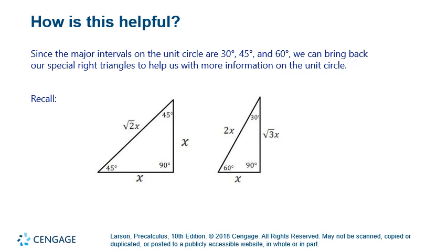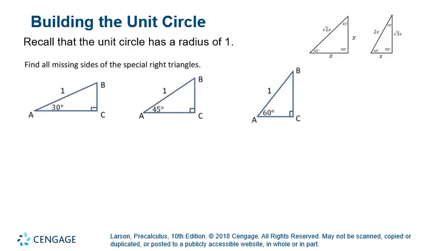So the reason that we reviewed the special triangles is to get those back into your brain, because developing the unit circle uses those quite a bit. And I'm just reminding you here what the different rules are. If you recall that the unit circle has a radius of 1, we can find all the other sides, the missing sides, if you will.